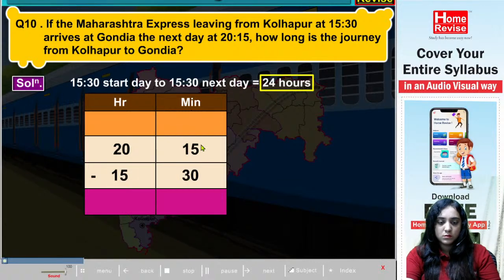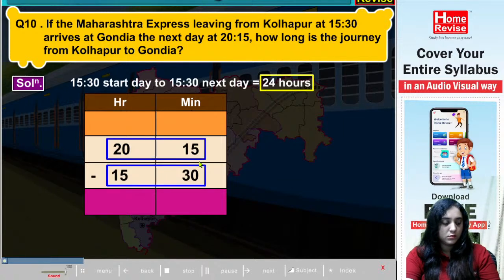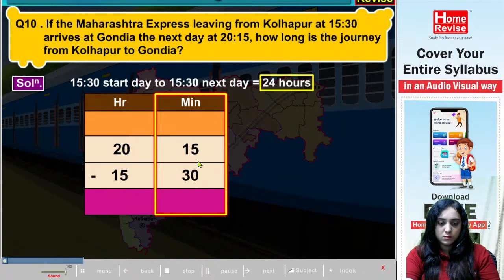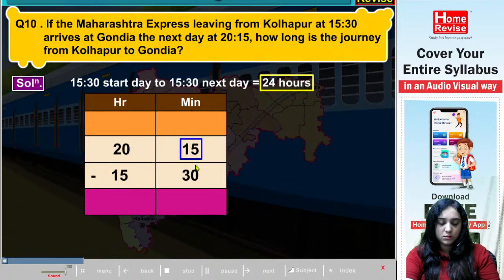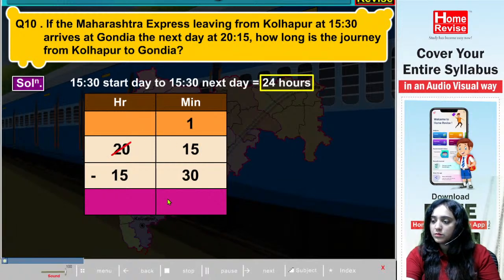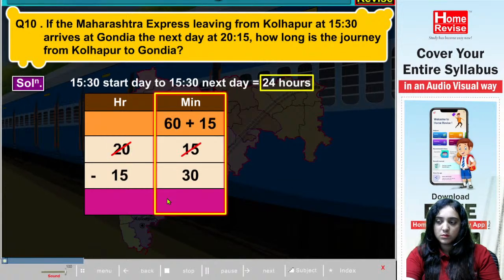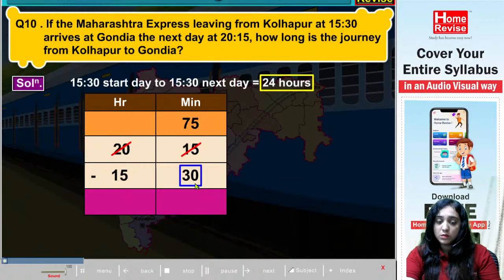Now subtracting 15:30 from 20:15. We first look at the minutes column, where we have to subtract 30 from 15, which is not possible. So we try to borrow 1 hour from the hours column of 20. Now we get in the minutes column 60 plus 15, that is 75, because 1 hour is nothing but 60 minutes. 75 minus 30 will give you 45 in the minutes column.